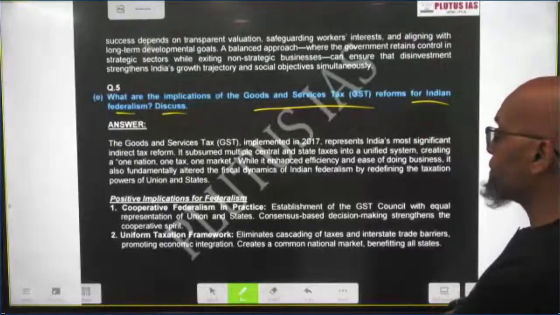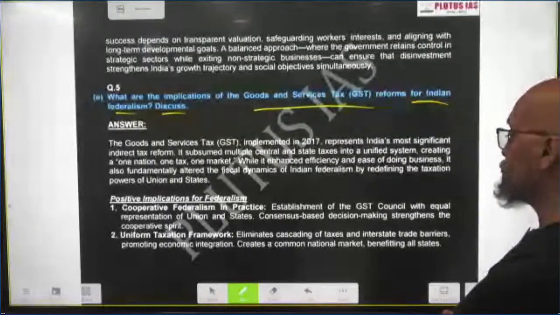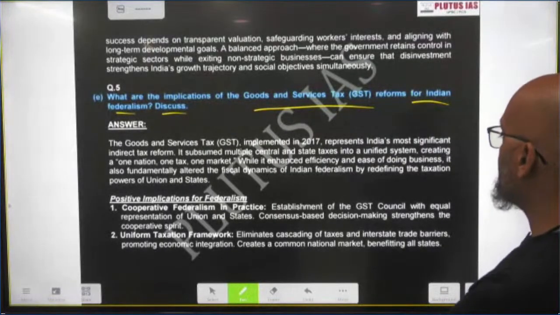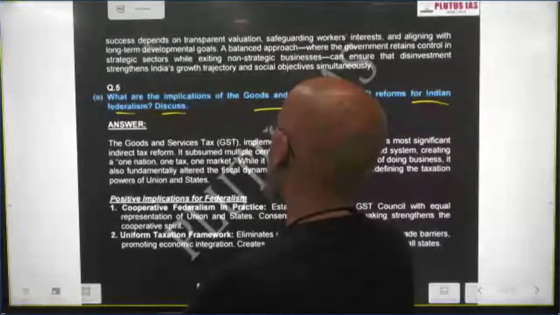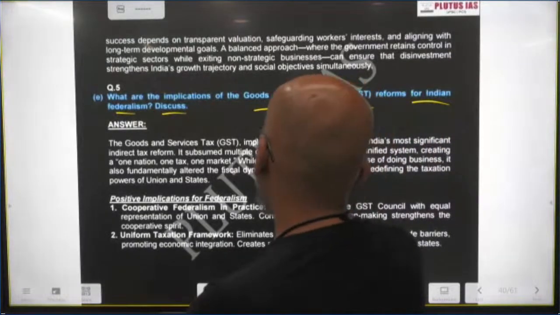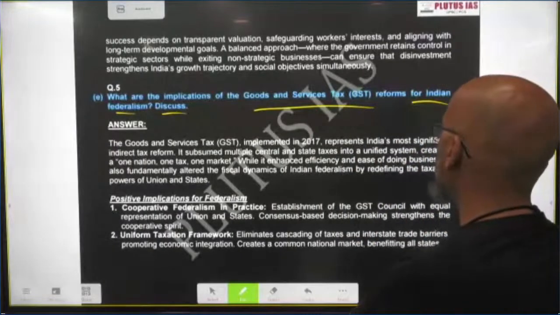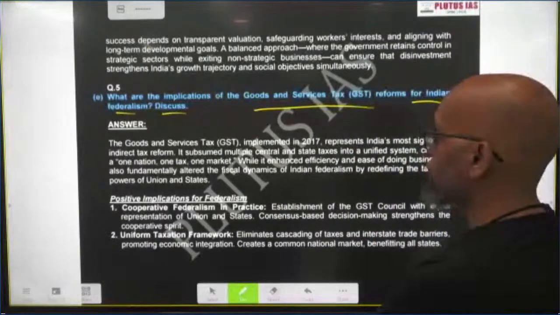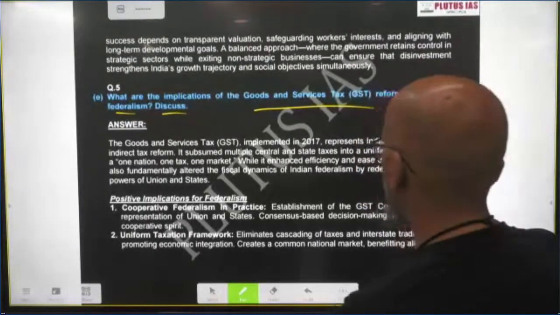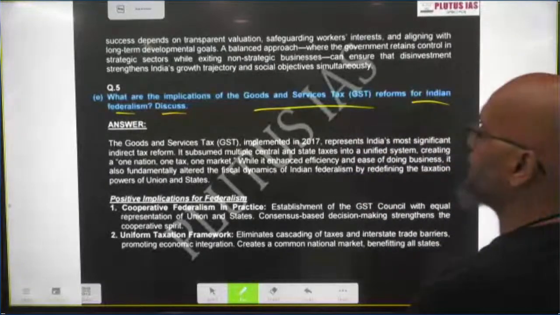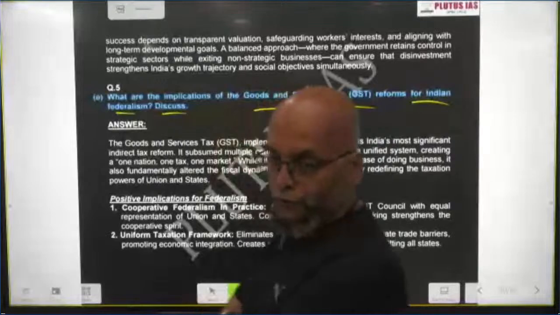It subsumed multiple central and state taxes into a unified system, creating one nation, one tax, one market. While it enhanced efficiency and ease of doing business, it also fundamentally altered the fiscal dynamics of Indian federalism by redefining the taxation powers of union and states.